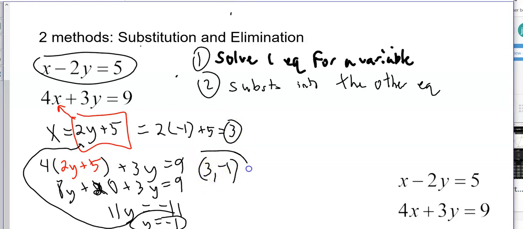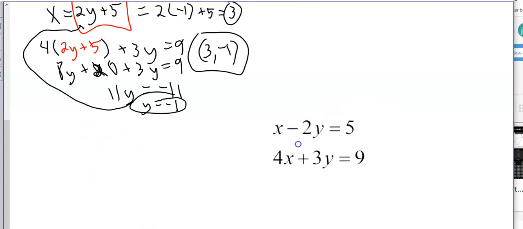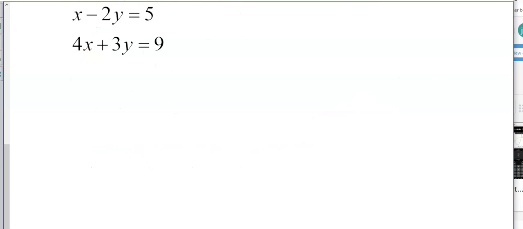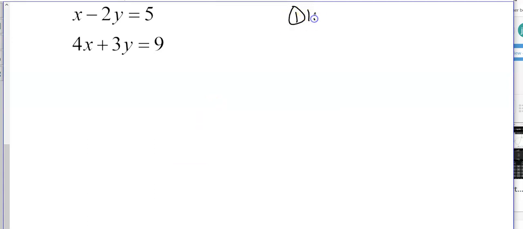Again, I want you to write your answer as an ordered pair. Let's try elimination. Again, I think you've probably done this method before, but I'll show you how to do it. The first step is to line up all the variables. This one is already lined up: the x's, the y's, the equal signs, and the constants.